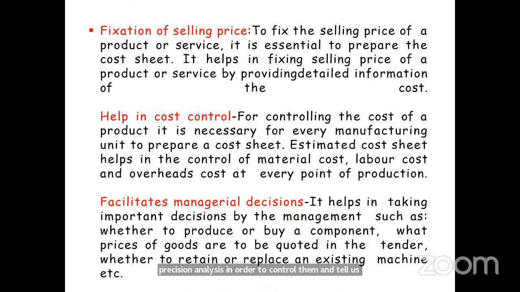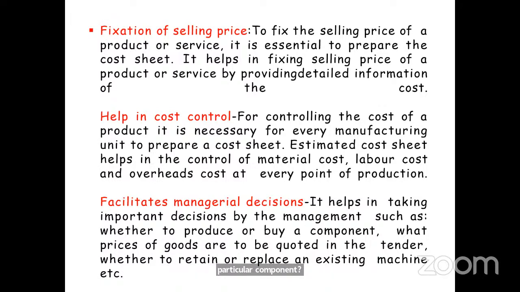Again, the cost sheet also facilitates managerial decision making. Managerial decision making means it helps in taking important decisions by the management. What are the important decisions? Whether to produce a particular component or to buy the particular component. Let's say you are preparing the cost sheet.